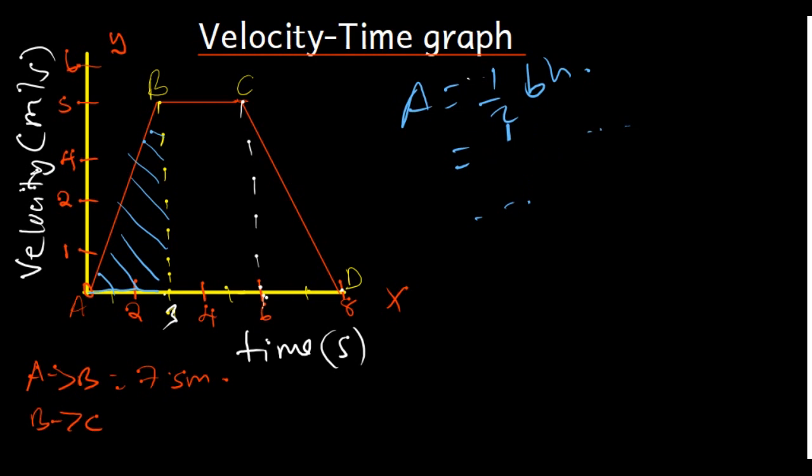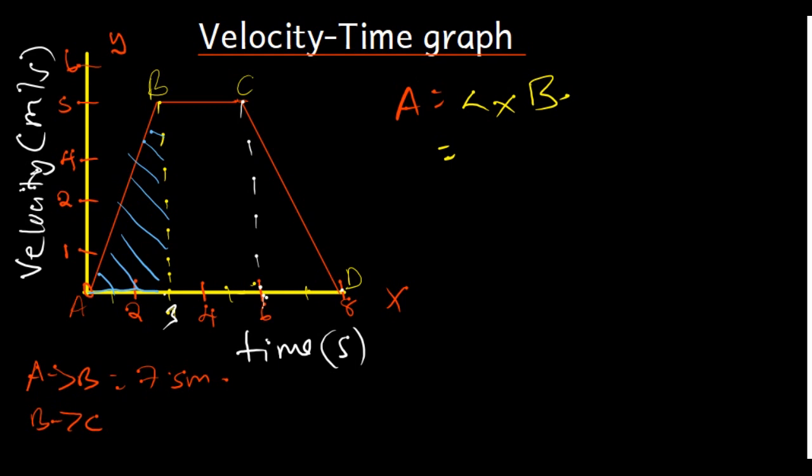The shape which we have here is a rectangle. If you want to find the area, it's going to be L times B. You can think of this as your length, or you can think of the height to be the length.